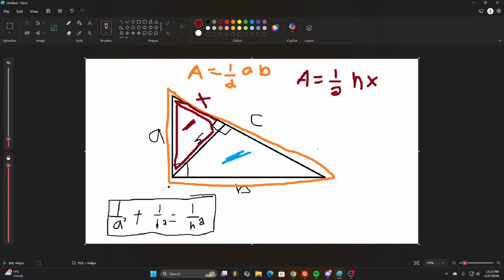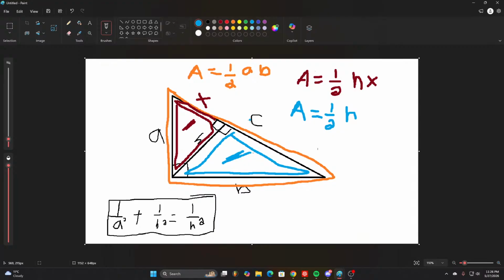Now, what we can also say about this blue one is that what we have right here is a triangle with an area of 1/2 times, this is just H right here.